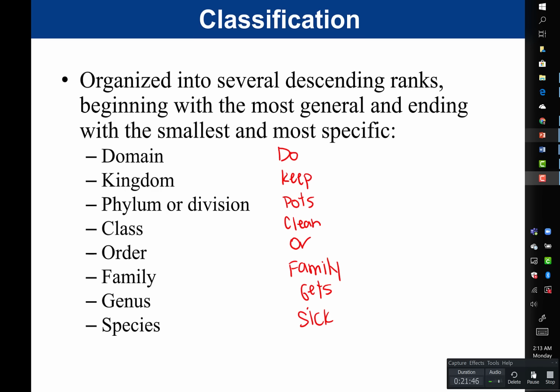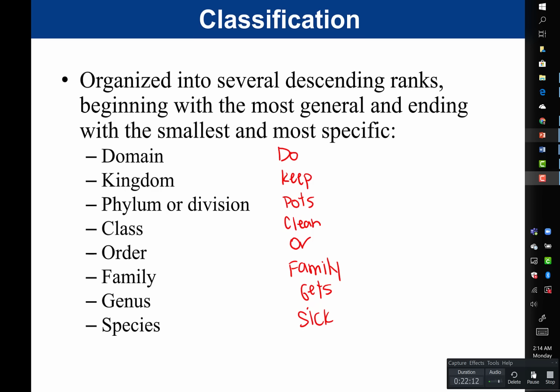And the way that I remember our classification scheme is that I think of this sentence: do keep pots clean or family gets sick. So notice that the first letter corresponds to the classification. The do is for domain. Keep is for kingdom. Pots is for phylum, etc.